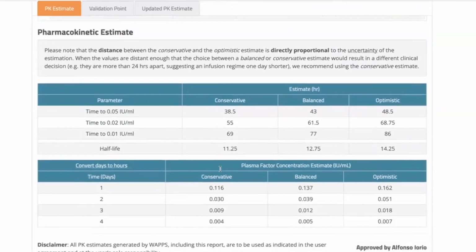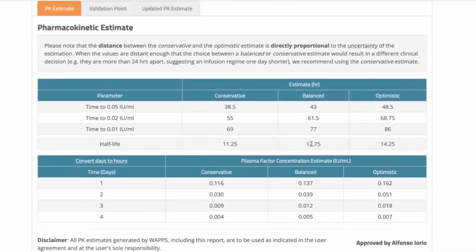Now, if I look at the half-life, the best guess is still 12 hours. But now I'm saying it is 12, it can be 11, it can be 14. But now that I have all this information, it can't really be much far from 12. And here are the best estimates.